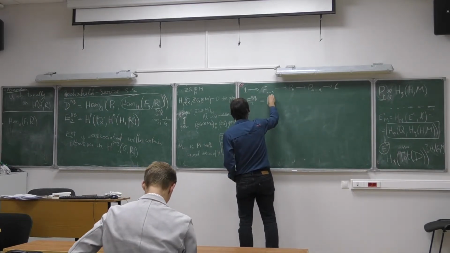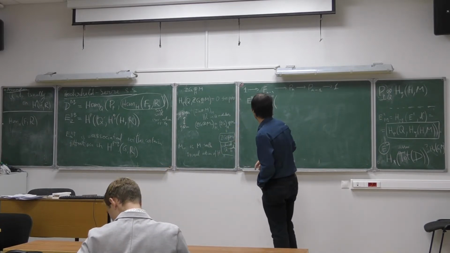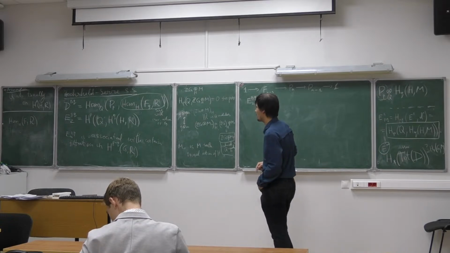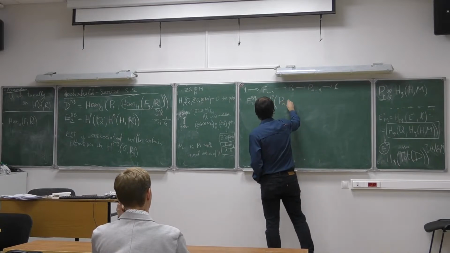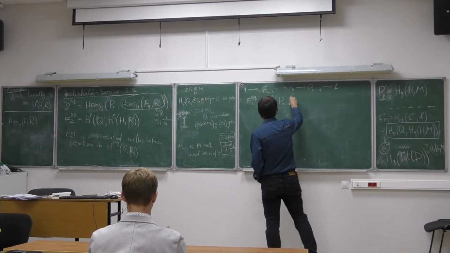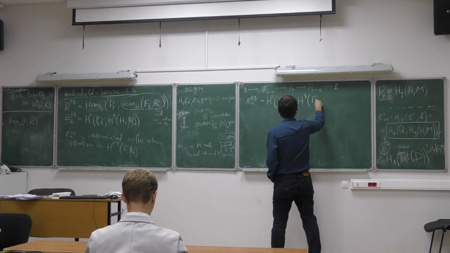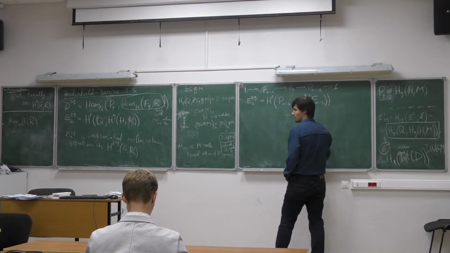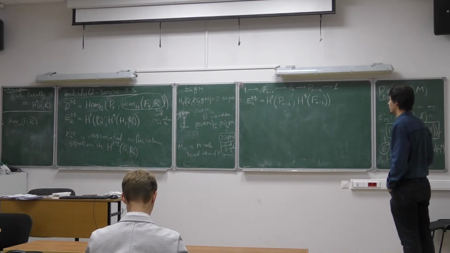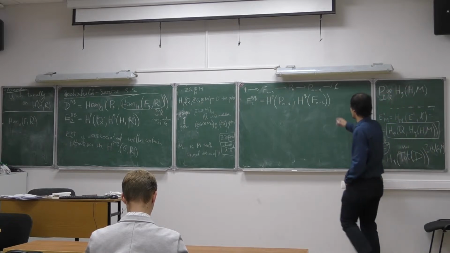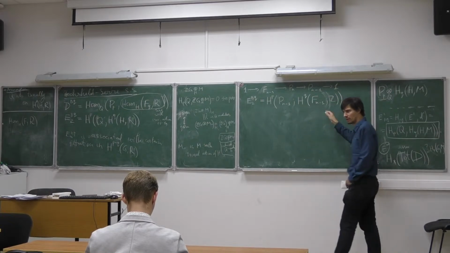So this is H^p of Q, Q is this group, with coefficients in H^q of the free group. Yes, here the coefficients is Z, so I don't want to write it. Okay, let it be Z.